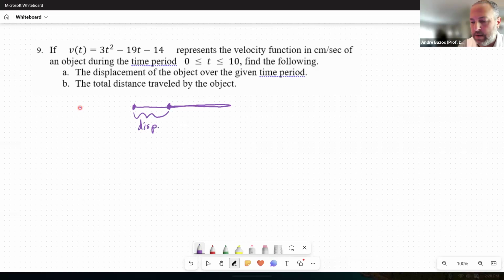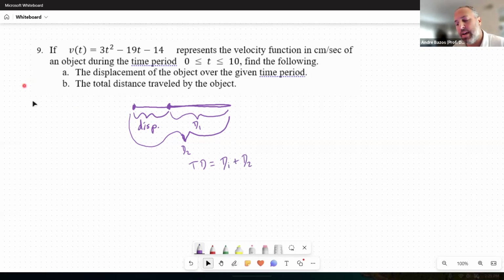Whereas for the total distance we have to take this distance plus this distance, d1 plus d2, total distance equals d1 plus d2. So we have to add those two areas together.